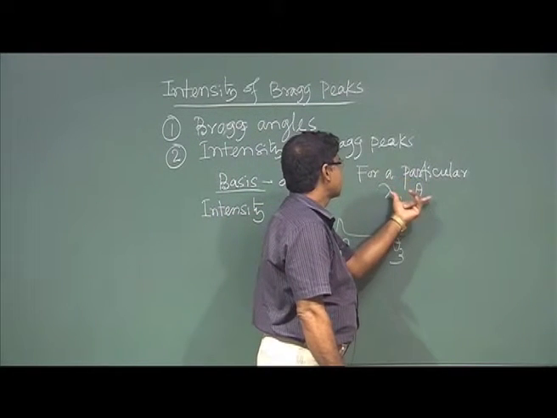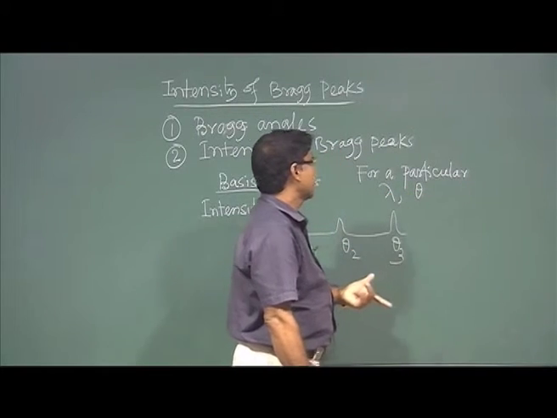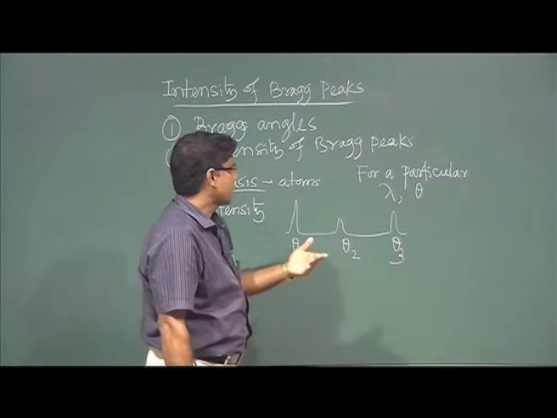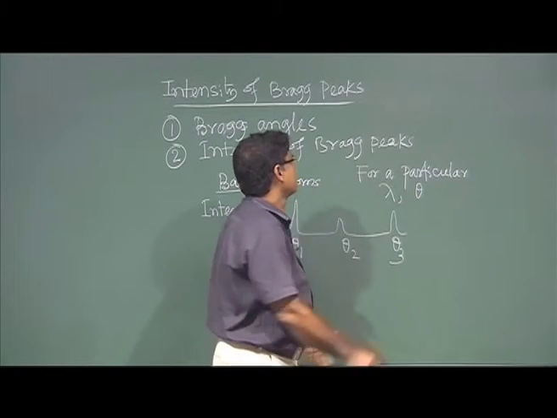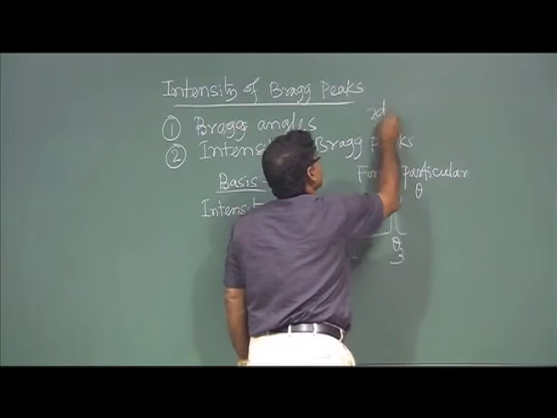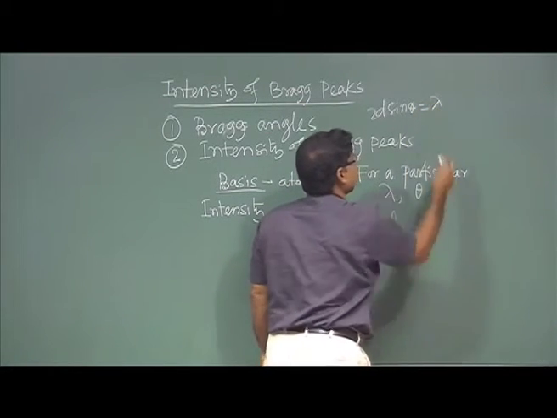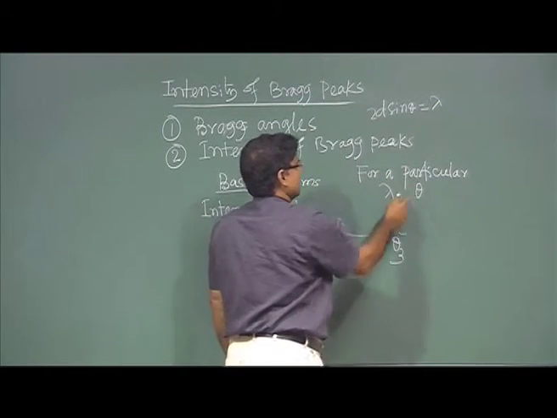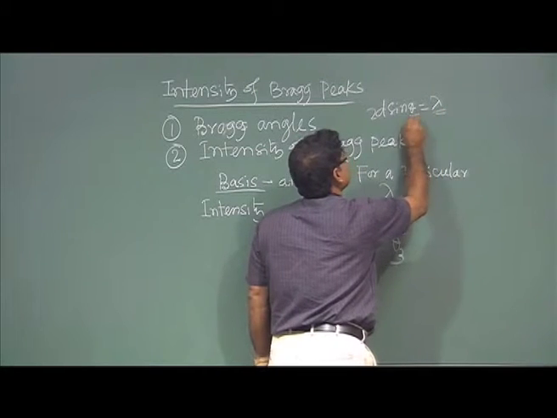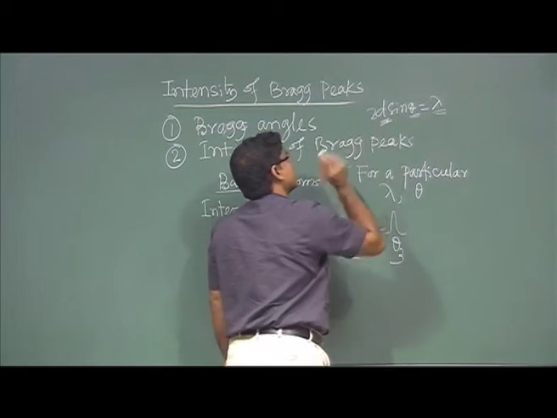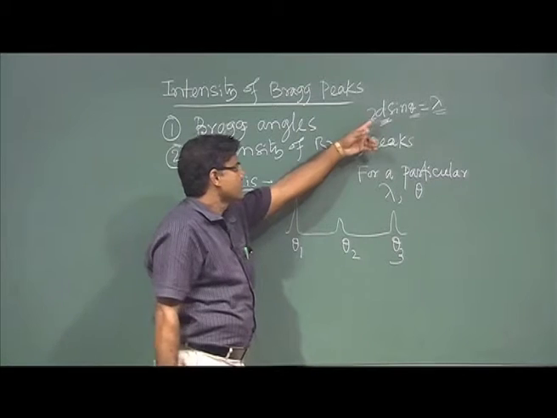So, what else is left? 2d sin theta equal to n lambda, say equal to lambda. So, for a particular lambda and particular theta, d is left.